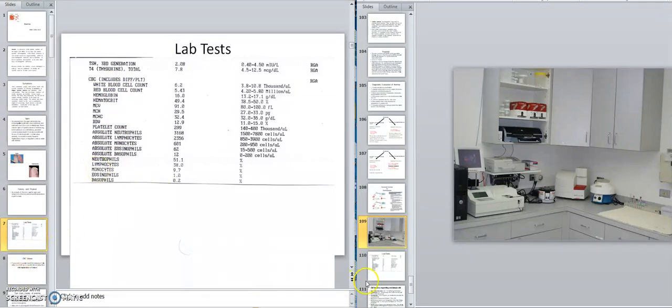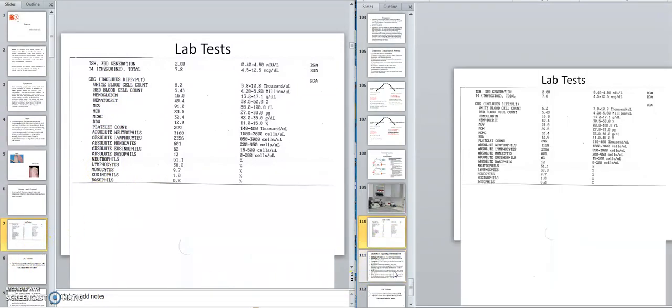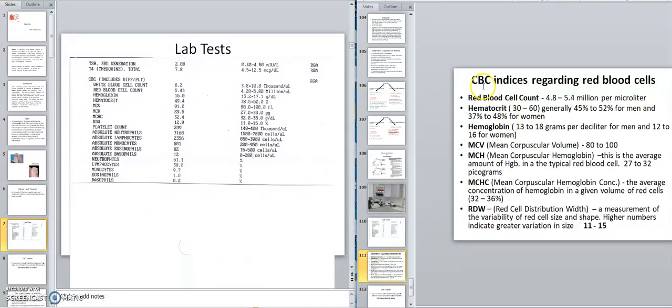Now, in this PowerPoint here, I kind of give you an idea of the CBC indices as they refer to red blood cells. Okay? Kind of an idea.